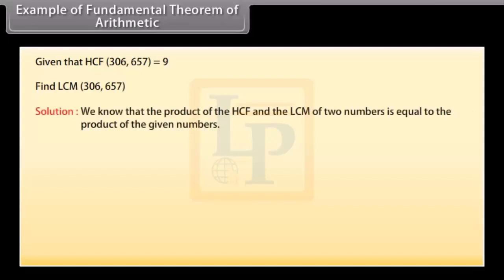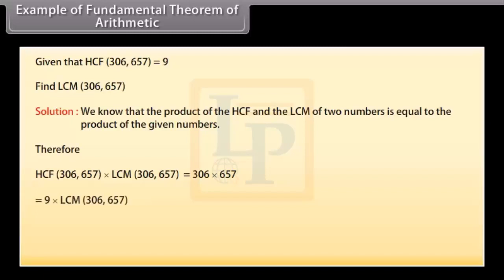Examples of the fundamental theorem of arithmetic. Given that HCF(306, 657) is equal to 9, find LCM(306, 657). Solution. We know that the product of HCF and LCM of two numbers is equal to the product of the given numbers. Therefore, HCF(306, 657) × LCM(306, 657) is equal to 306 × 657.